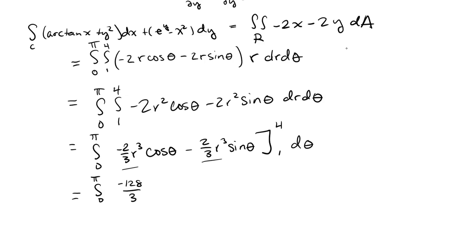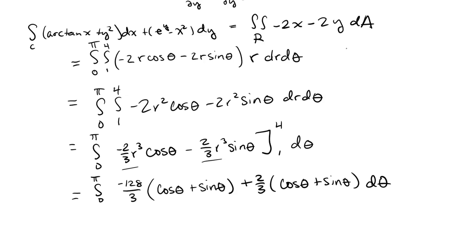Notice that's in both pieces, so let's just factor it out. So that's going to then be times cosine theta plus sine theta. I already pulled out the negative. And then we're going to have minus, plugging in a 1. When I plug in 1 to those 2/3 r cubed, we're going to get -2/3, so we'll really have plus 2/3, and then again times cosine theta plus sine theta, d theta.